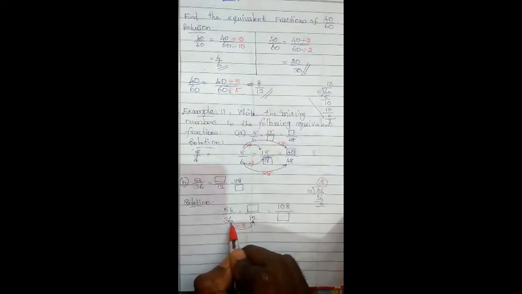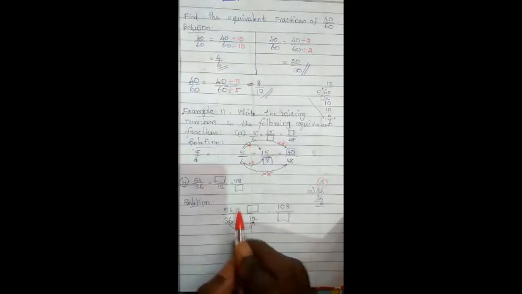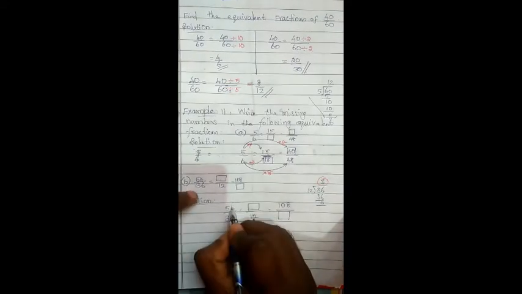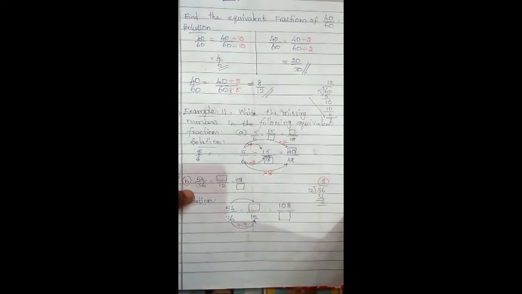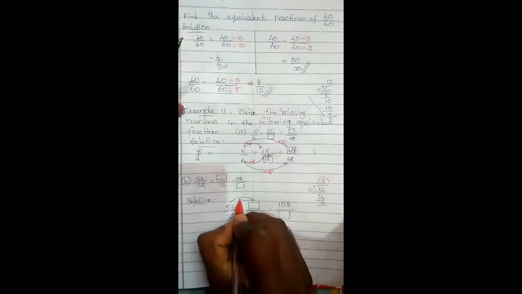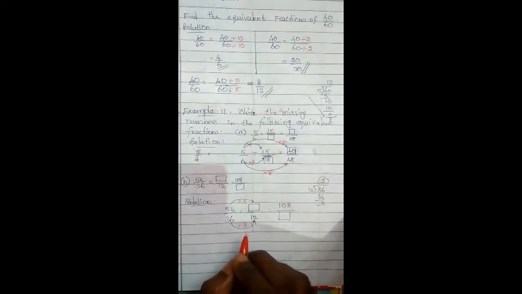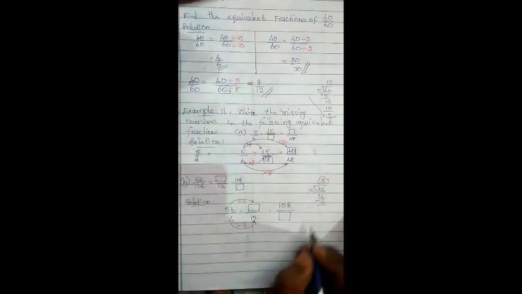So if you divide 36 by 3, you get 12, and at the same time you divide the numerator by the same 3. So what will be the answer then? 18, right?